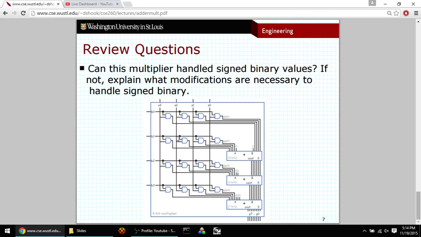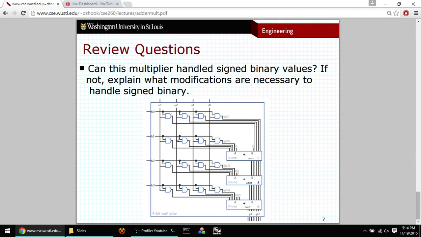The only thing that I would be a little nervous about is the case when one is negative and the other one's positive. That's the only one that I would be a little wary of. But I think it works. I'm trying to think of what that would look like. What if we do, let's try an example. 2 times negative 2 should get us negative 4, right? So negative 2 is this.